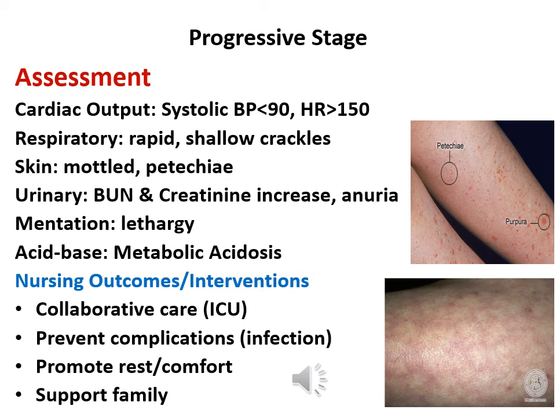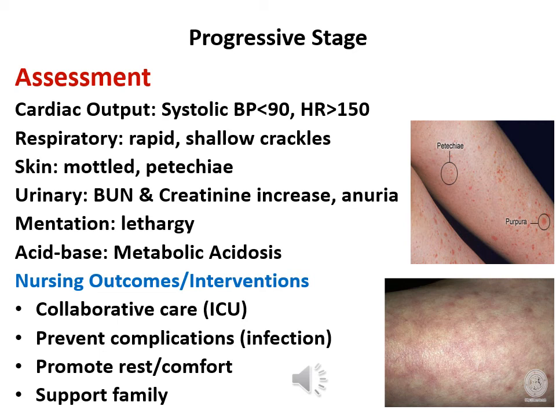That's the picture underneath the petechiae. Urine output, as the mean arterial pressure falls, the glomerular filtration rate cannot be maintained and acute renal failure may occur. You may see the BUN and the creatinine increase as a result.